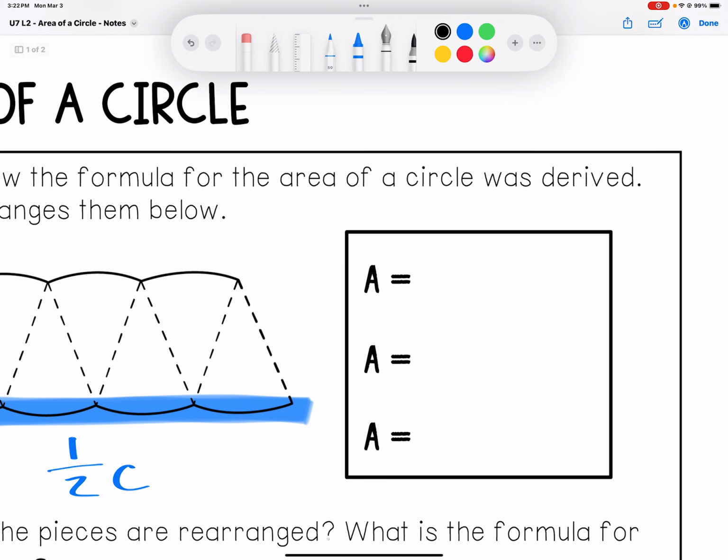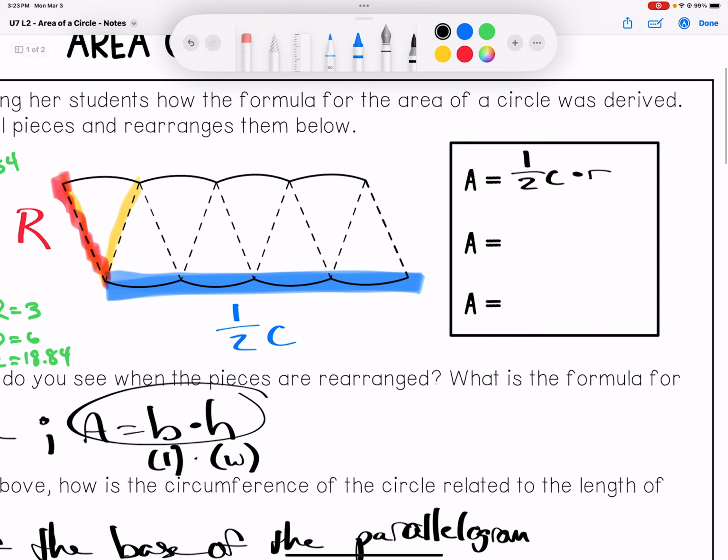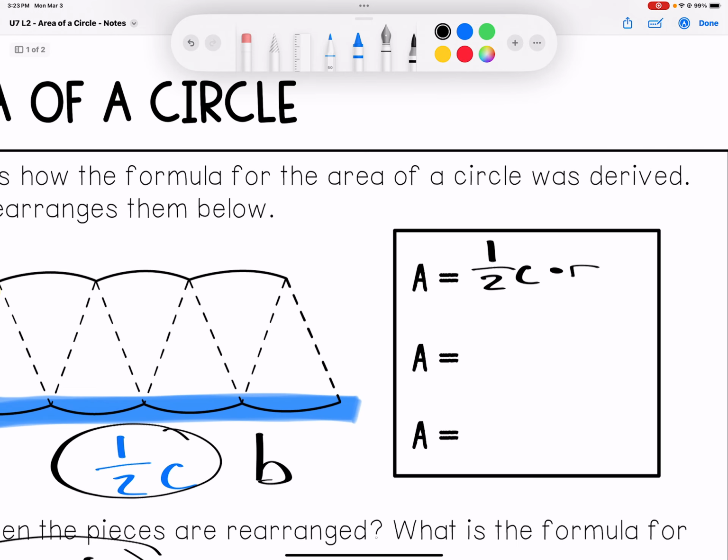All right, I'll zoom out in a second and let you get the rest of that, but let's go solve for the areas. What he says is the area of a circle is half of the circumference times the radius, which is the same as area equals base times height, because he says this is the base and this is the height.